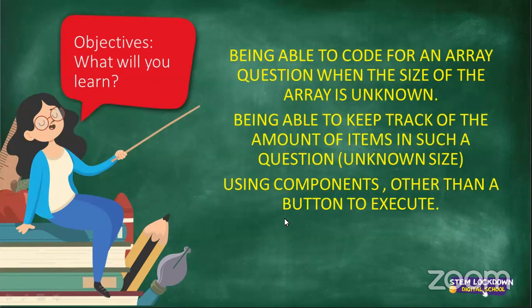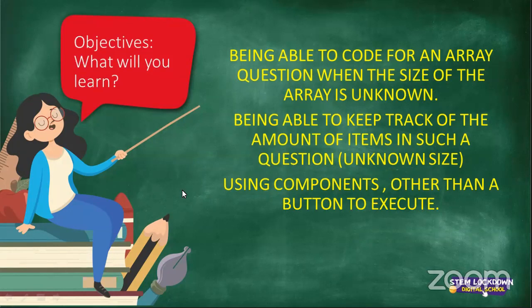And finally, using components other than a button to sort. We're going to look at a checkbox today, and when the checkbox is selected, then it allows us to sort the values in the array. So that's what we're going to look at for today. Again, working with an unknown size, keeping track of the amount, and working with other components.